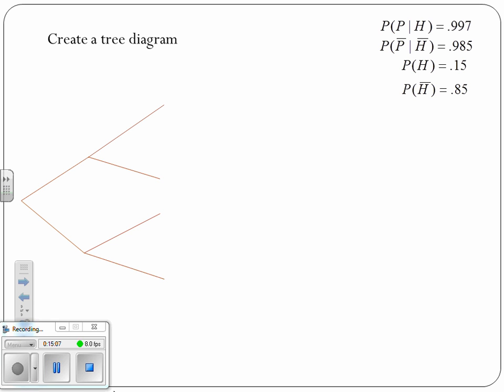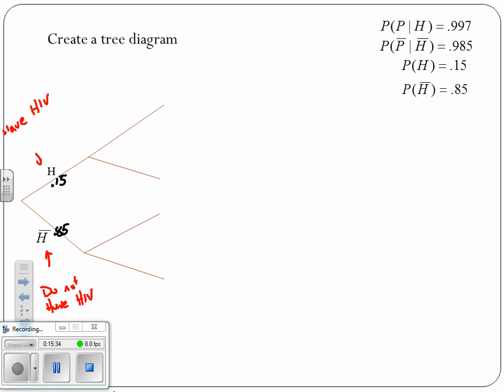We're pulling out of the group; they either have HIV, this would be have HIV, and this would be those that do not have HIV. So on the chart, we can see that from our problem, 15% had it, 85% didn't.